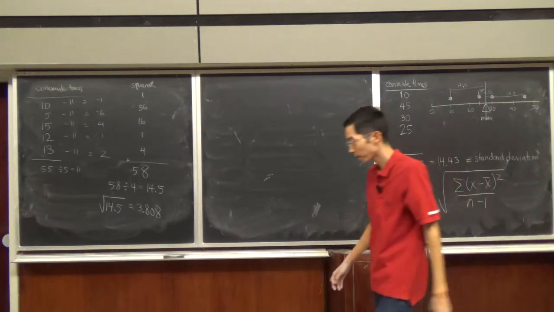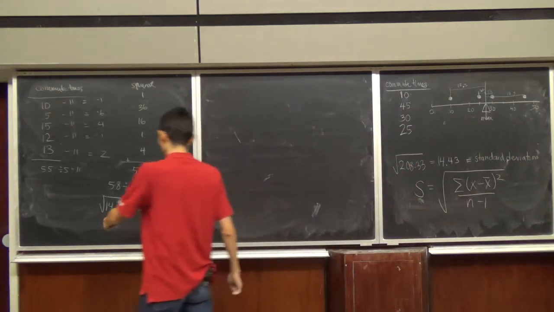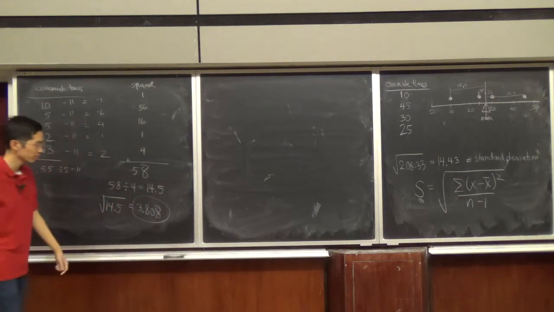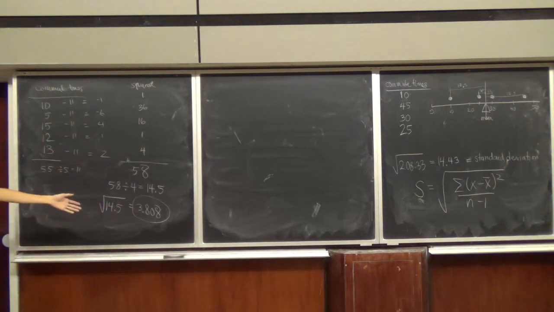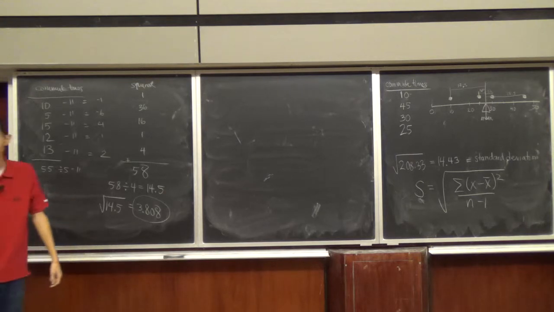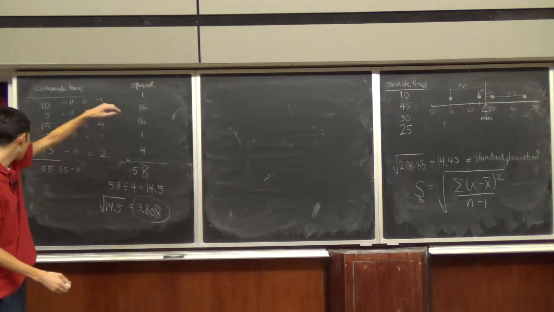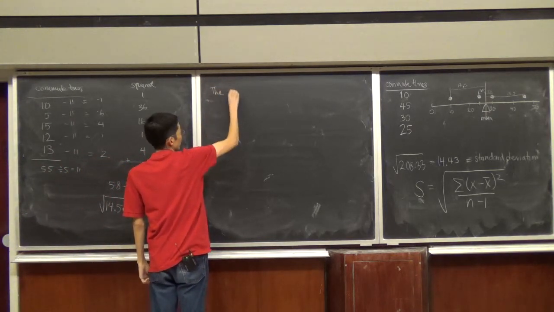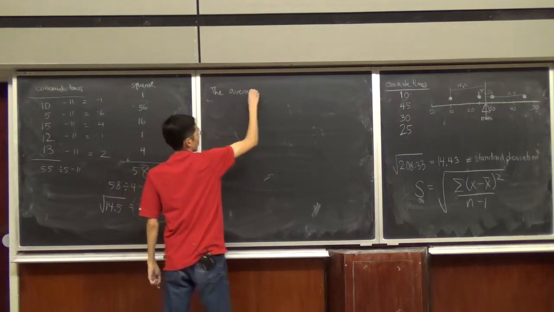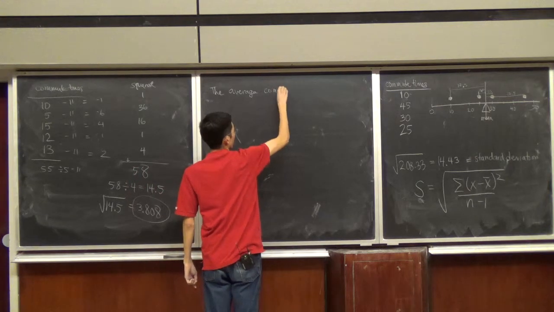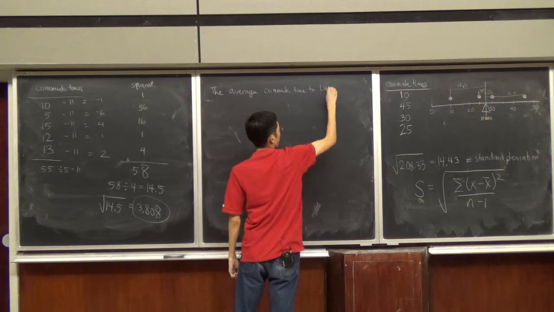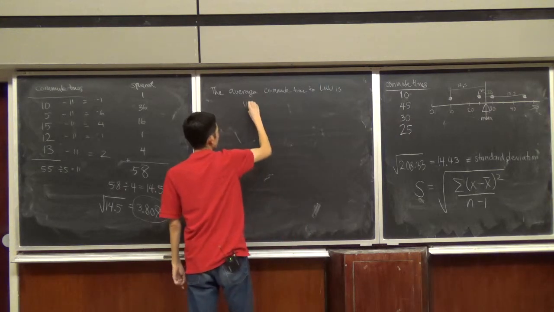Okay. Well, let's say this is the standard deviation for commute times at LMU. Okay, and let's say the average commute time is 11 minutes.